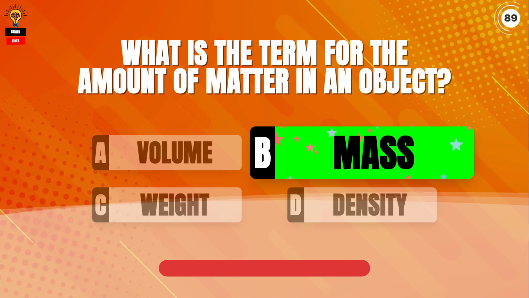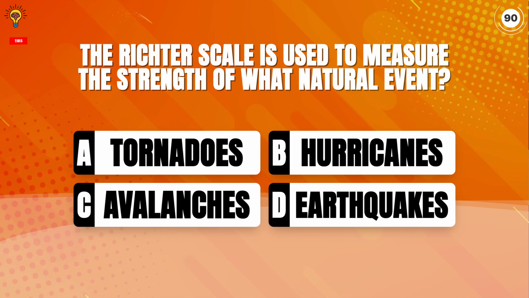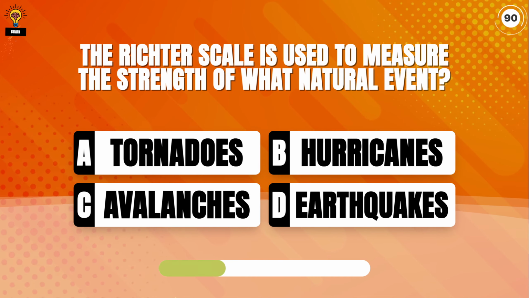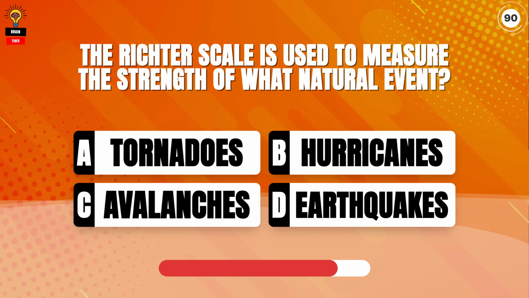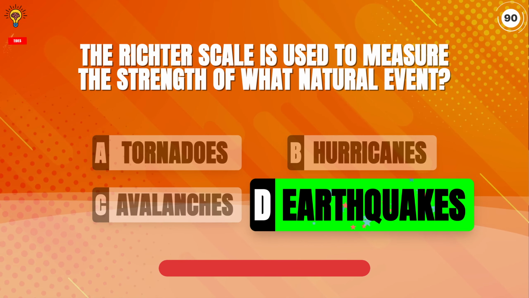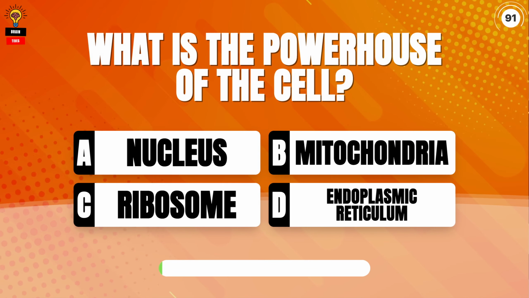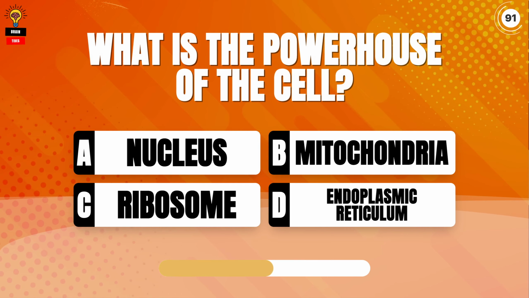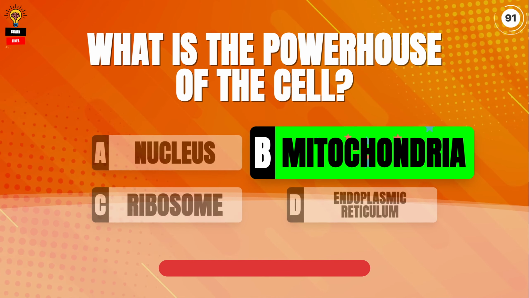Mass. The Richter scale is used to measure the strength of what natural event? Earthquakes. What is the powerhouse of the cell? Mitochondria.